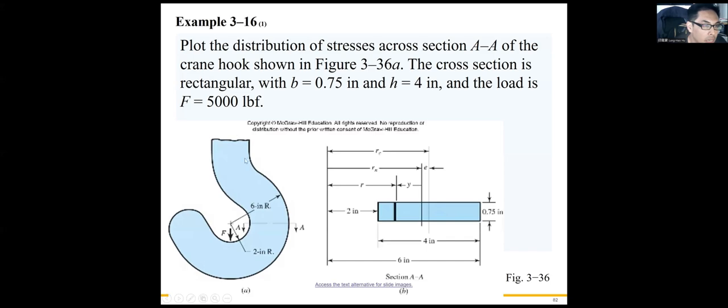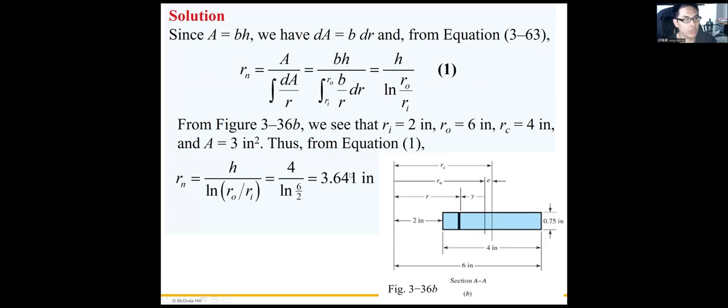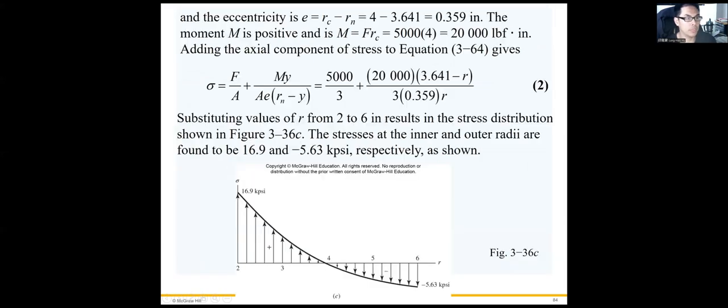Right, so there's an example for the hook. Maybe if you are a gym guy and work out every day, you know how those buckles or hooks can be used in some machine work. Okay, so I'm going to skip this example. You can figure it out by yourself.